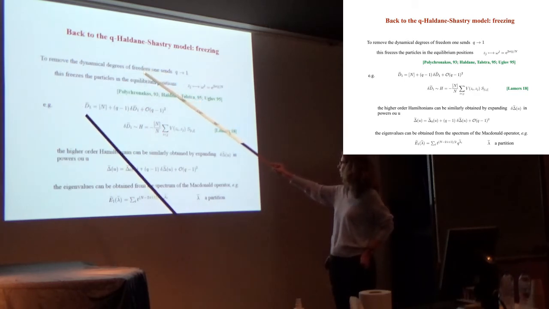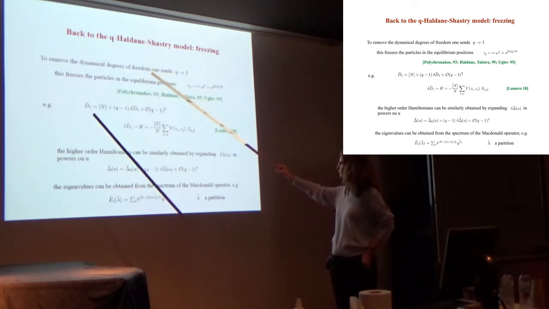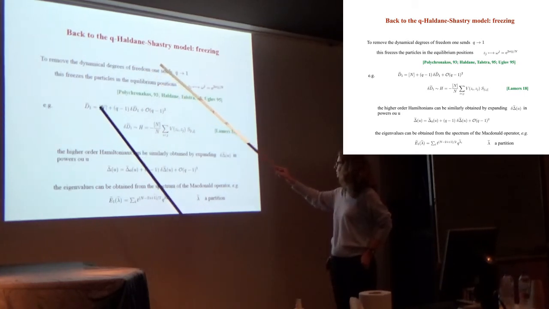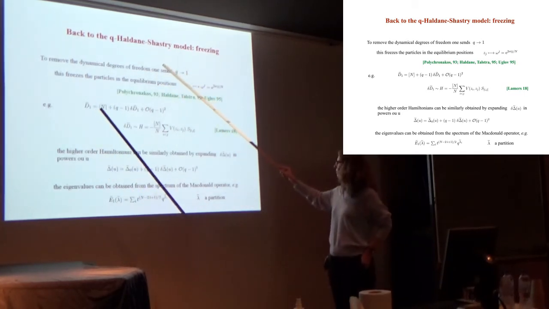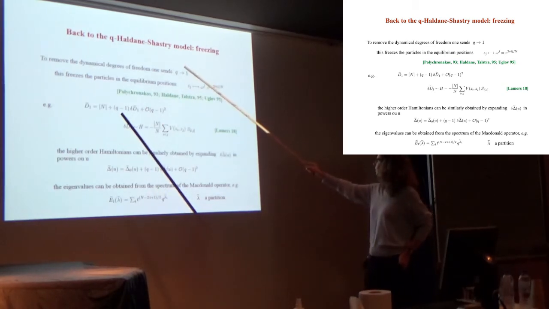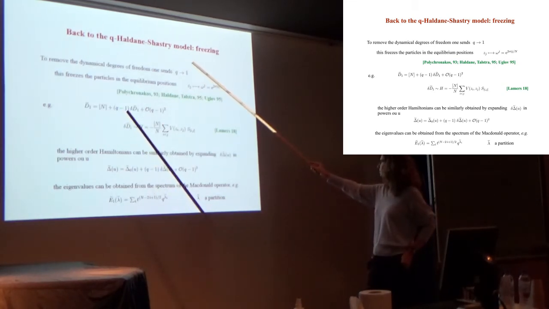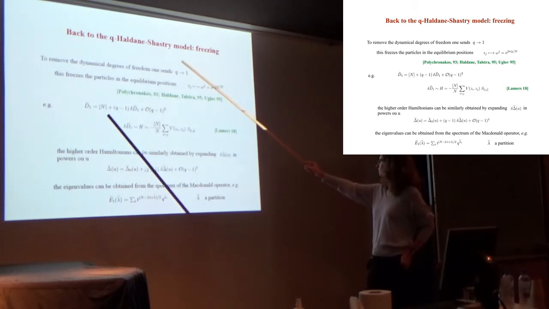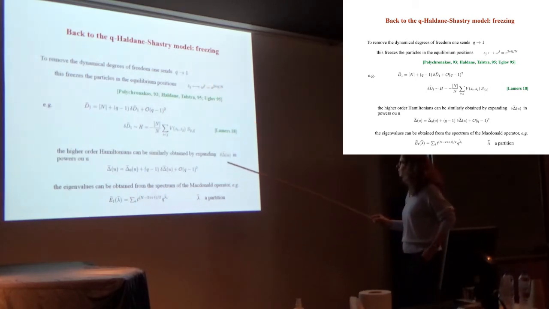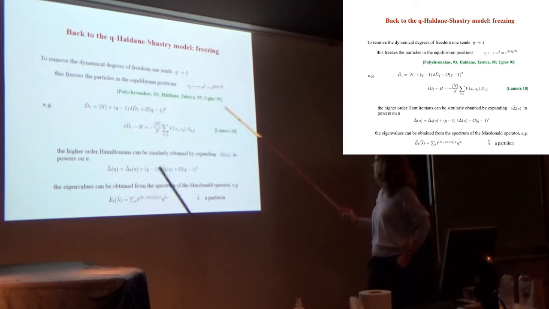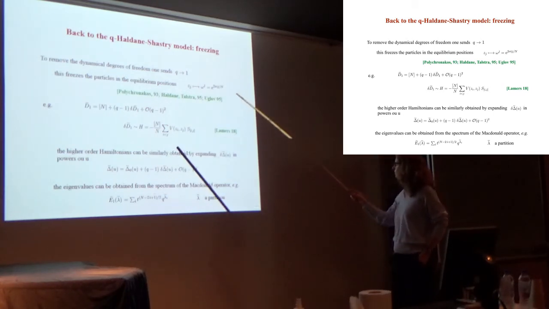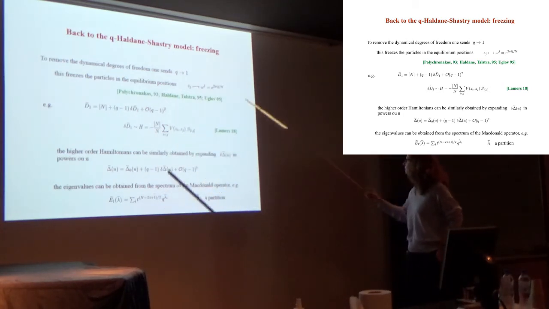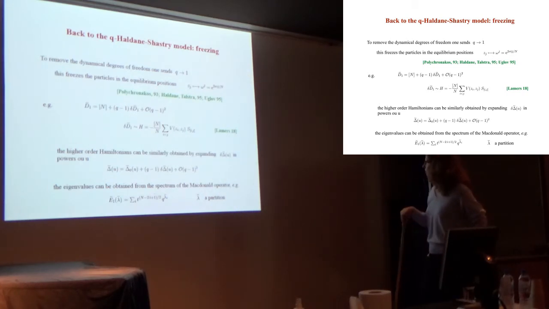For example, the Hamiltonian here will become, in the first approximation, the q-number n, and then the linear part in q minus 1 of this Hamiltonian gives the q Haldane-Shastry Hamiltonian, which was written in this way by Jules in 2018.